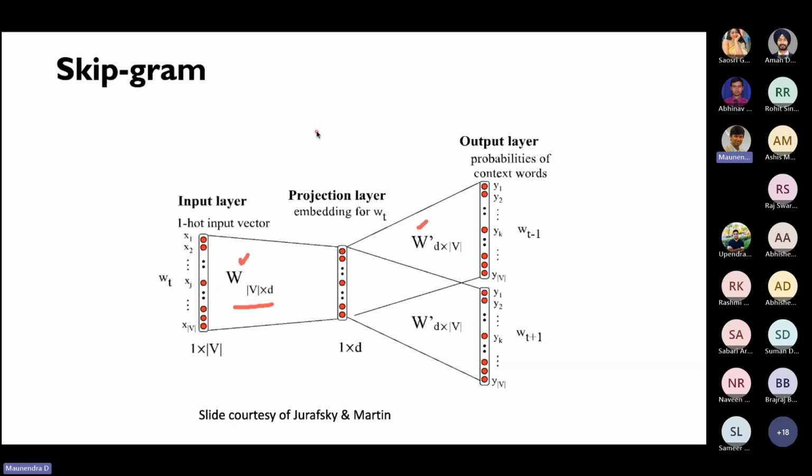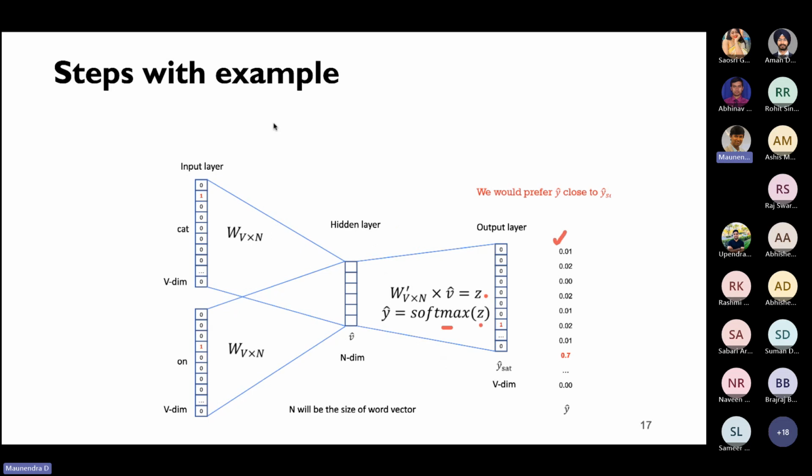So it is a non-contextual vector representation. The final representation does not depend on the context in which the word is appearing. So it's a non-contextual algorithm.